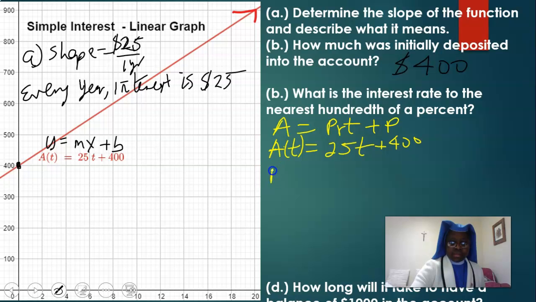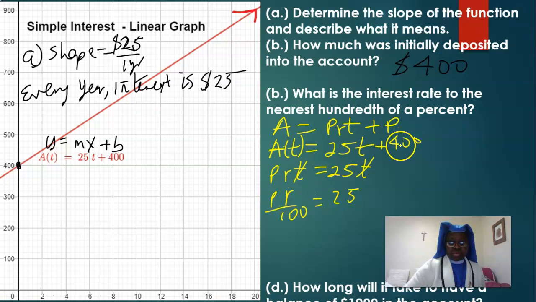Therefore, we can set PRT over 100 equal to 25t. But we see here we can cross out these two t's. And again, PR, the rate is out of 100, is equal to 25. But we know the P, which is the principal, 400. We can substitute that. So it's 400R over 100 equals 25.